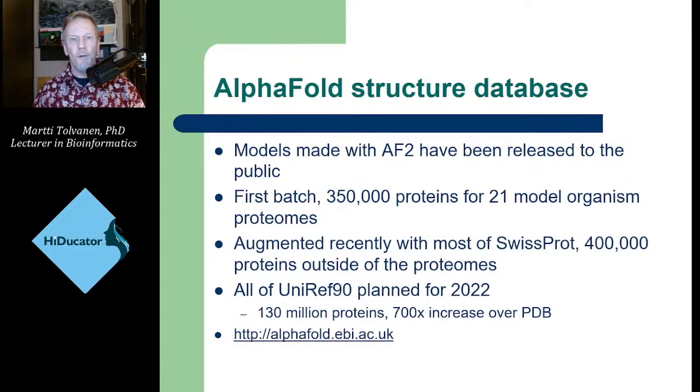That would mean 130 million proteins covering everything in UniProt, so that no unmodeled protein would be less than 90% identical with something in the AlphaFold database. And anyway, the models which are in AlphaFold are available both for commercial and academic use, so it is only the creation of new models which is restricted.